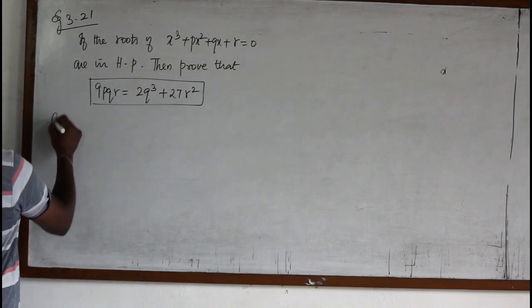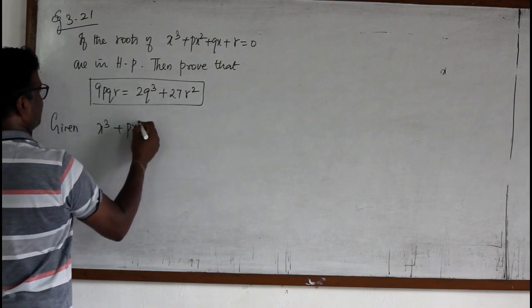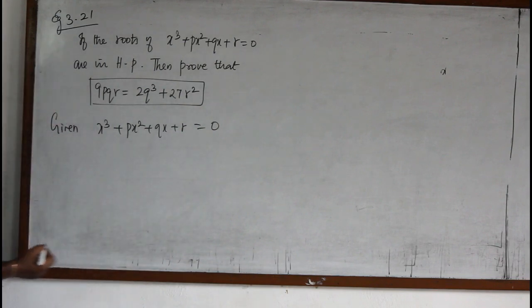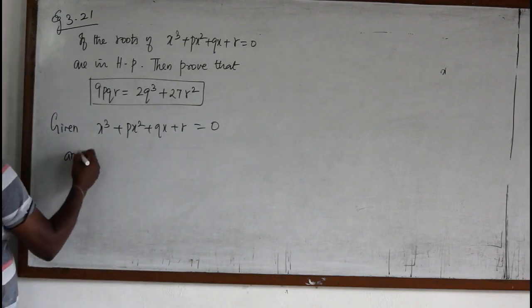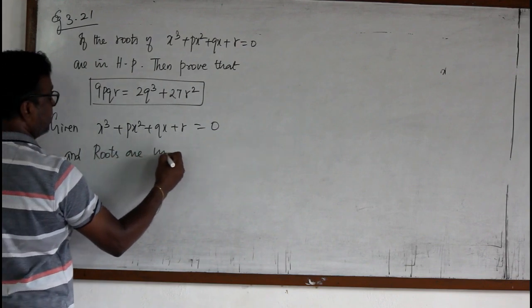Now, given the equation x cube plus p x square plus q x plus r equal to 0, and the roots are in HP.